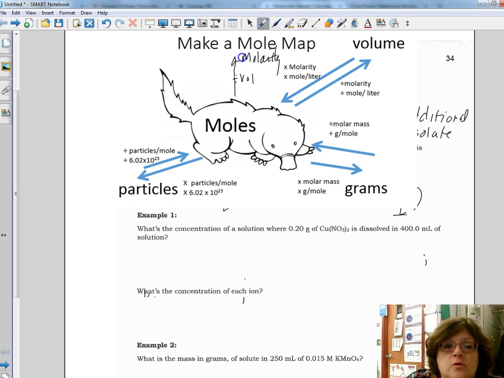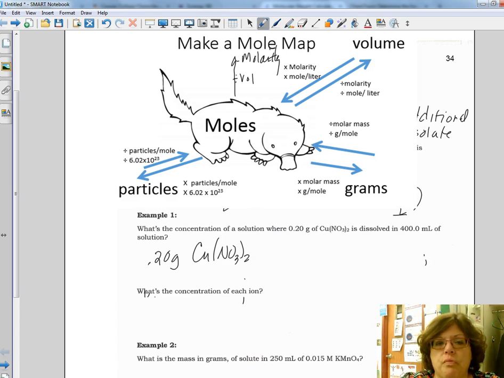Our first question asks, what's the concentration of a solution where you start with 0.20 grams of copper 2 nitrate? So we're going to start with grams.